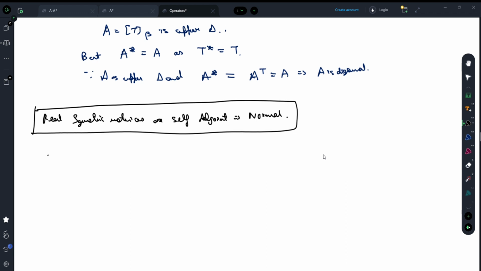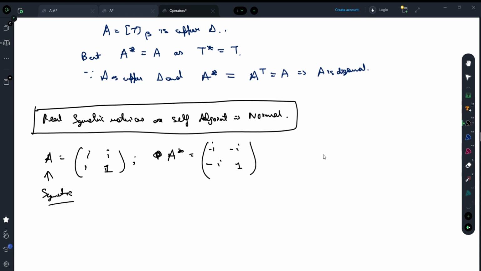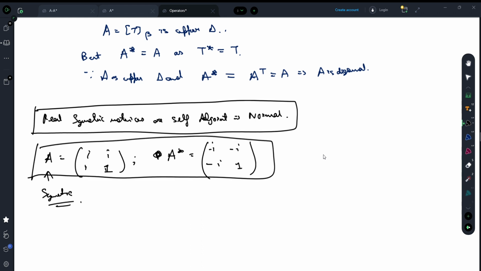Should this be true for complex matrices? Consider this matrix A with entries 1, i, i, 1, and A star would have entries 1, minus i, minus i, 1. Now this is surely symmetric, but is it self-adjoint, or is it normal?